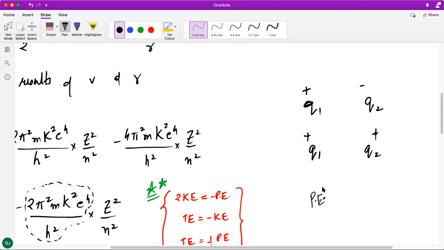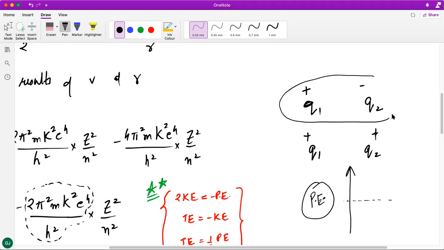potential energy, when electrostatic potential energy is defined, let's say this is the scale. So what we understand is that if we have two charges which are of opposite sign, then we would want their potential energies to be in the negative region.